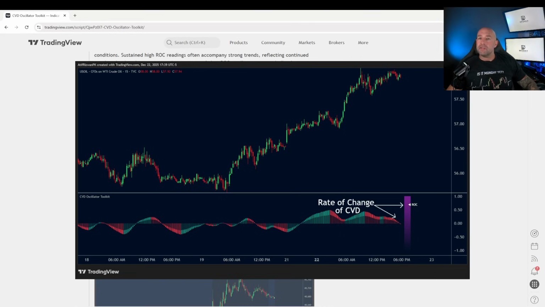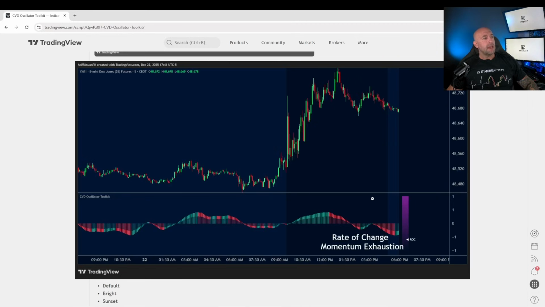The oscillator's rate of change is measured over a short look-back period and then normalized to prevent extreme spikes. The resulting values are mapped to a bounded vertical scale, ensuring the meter remains stable, comparable across assets, and resistant to distortion during periods of elevated volatility. And here is what a rate of change momentum exhaustion looks like on the meter at the bottom.